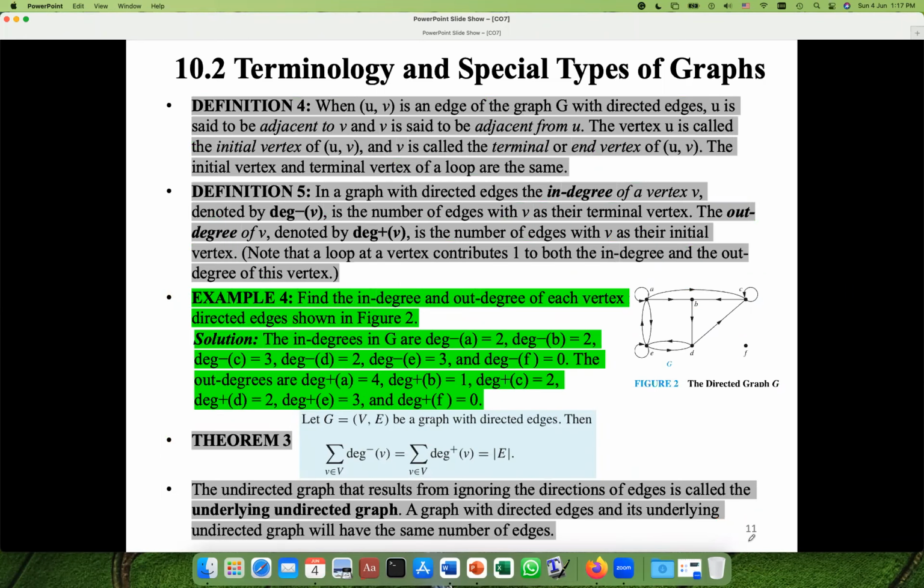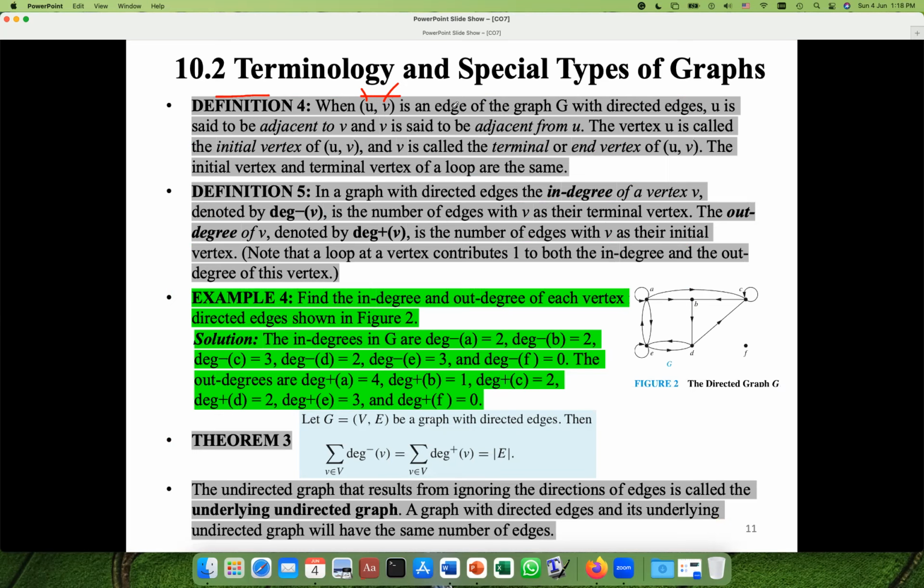Now definition 4. These are again the same things, just some terms are repeated, some terms are new, nothing else. These are only terms. If you have a pair of vertices starting from U and ending on V, within the parenthesis U comma V, that would normally represent an edge.